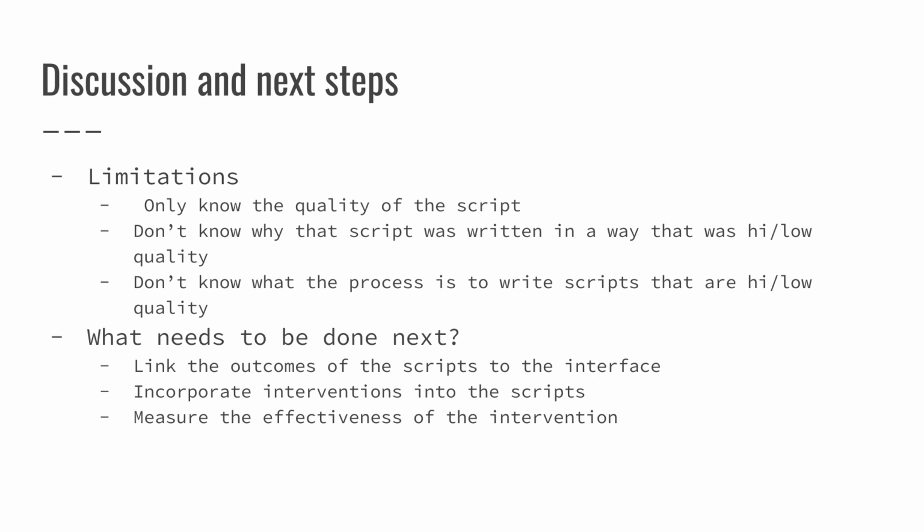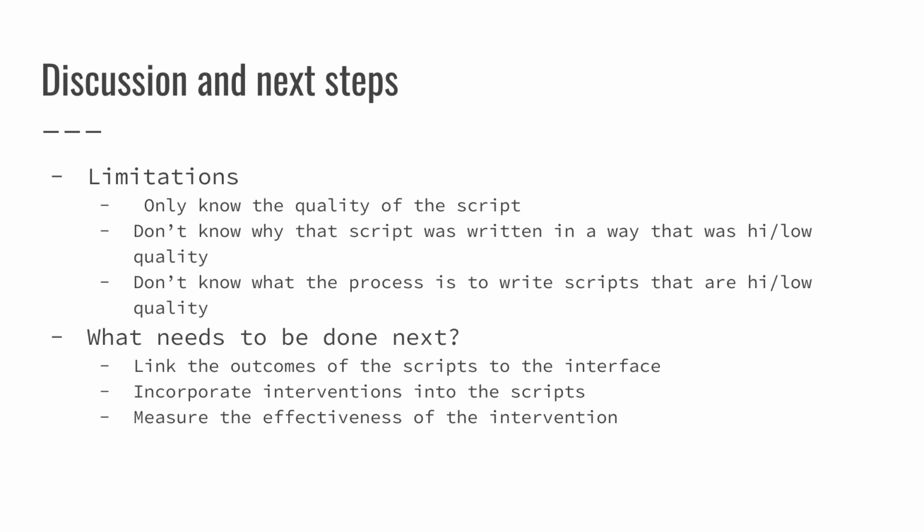And that's an issue because we want to trace this back to our interface features and say, okay, this feature allowed the mentor to write the script in a way that was good, and this feature hindered mentors in writing the script, and that's what led the script to be low quality. That was the limitation of this study, and it is definitely on the list of things that need to be done next in terms of determining whether the interface is actually effective, which is the first bullet point of linking the outcomes of the script to the interface.